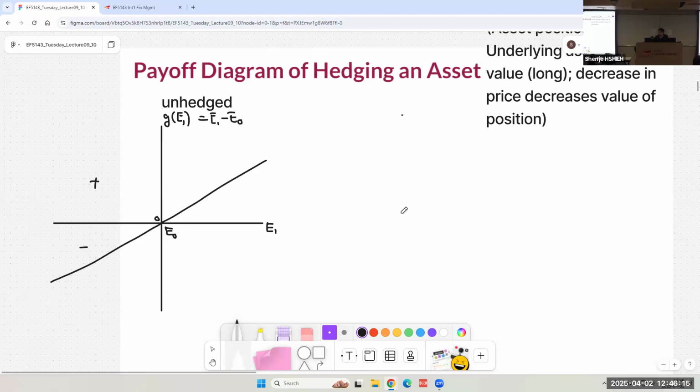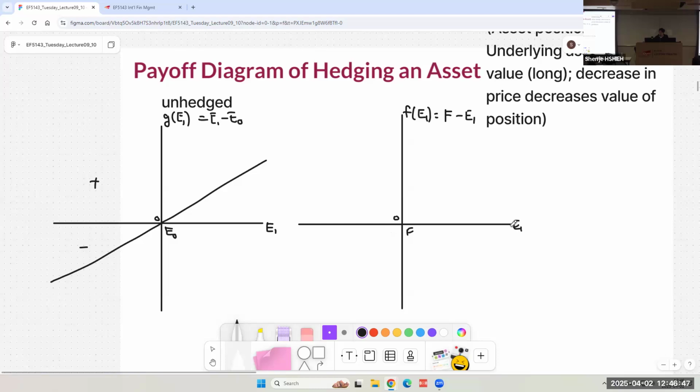And so my hedging position will have the following payoff. I'm going to write F for futures, and it's going to be a function of also E1, but my payoff is going to look like F minus E1, where the origin is F, of course, 0 payoff.